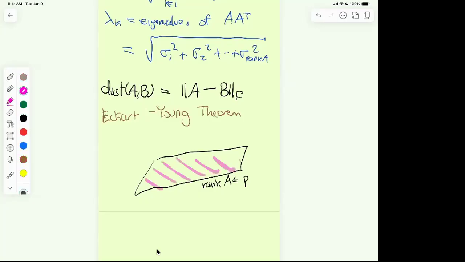Then you have a matrix A, which I'll almost draw as a vector, to make the analogy that you're applying a lot of vector analogies here. And you're asking which matrix is closest to the matrix A, minimizing the distance.